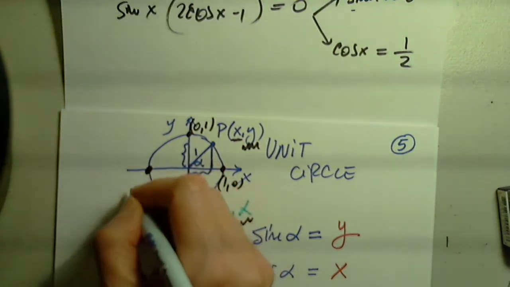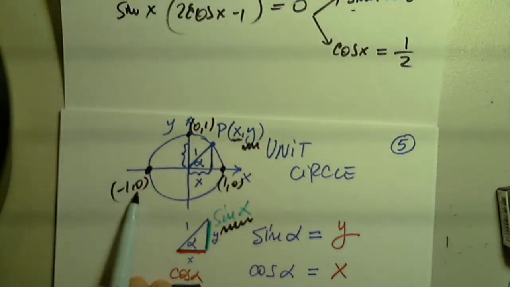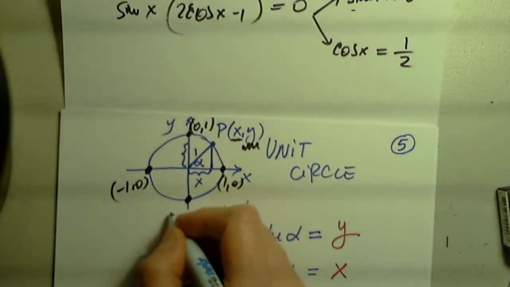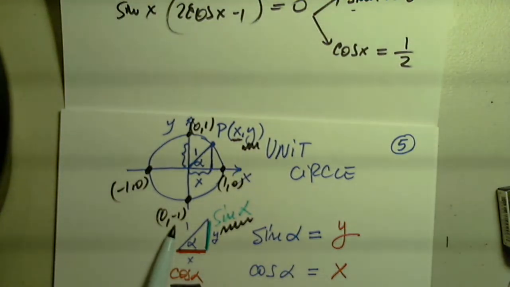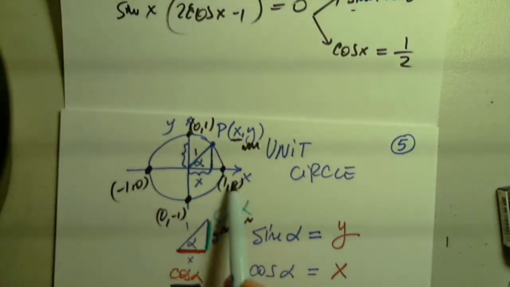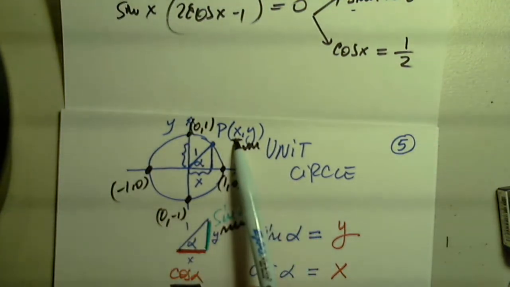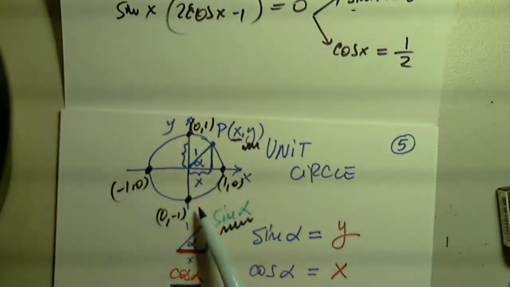At this other point, I have negative 1, 0, cosine and sine. And for 3 pi over 2, I have 0, negative 1. So you never have to memorize these. Once you understand that this is cosine alpha, sine alpha, then you know these points.